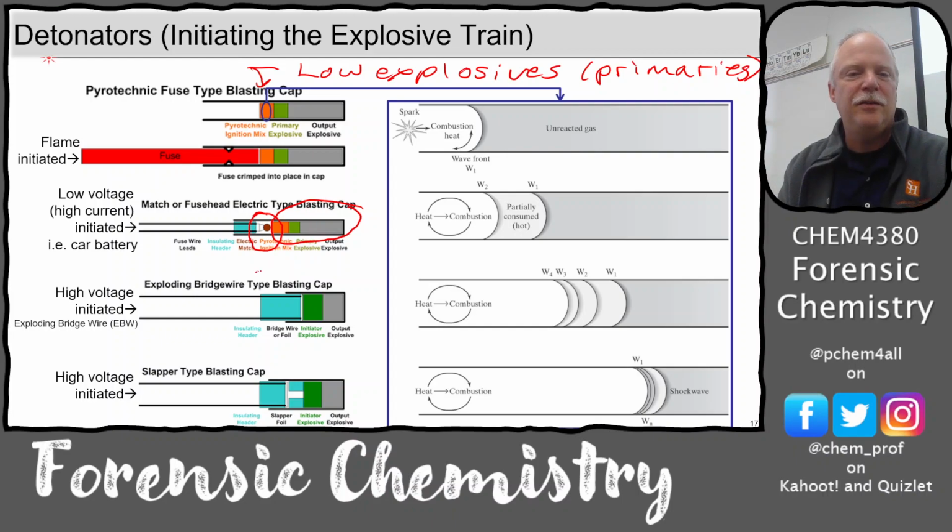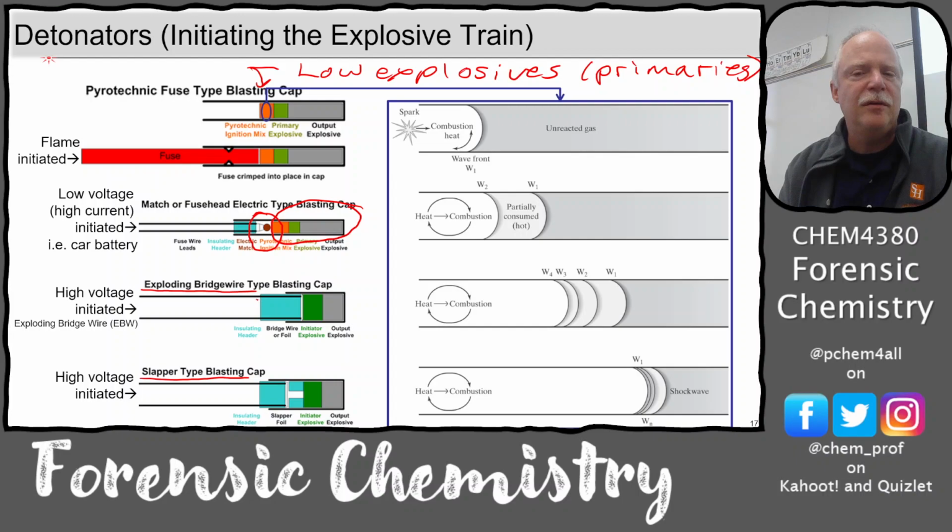Now, when you get into really safe explosives and really precise explosives, you get into these kinds of exploding bridge wire or slapper type. These would be military or government use type blasting caps.